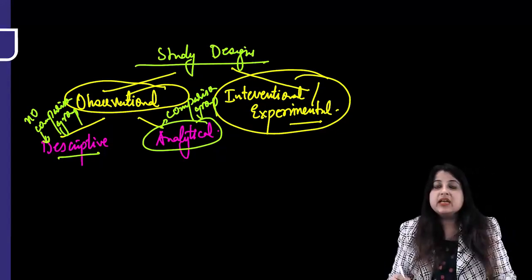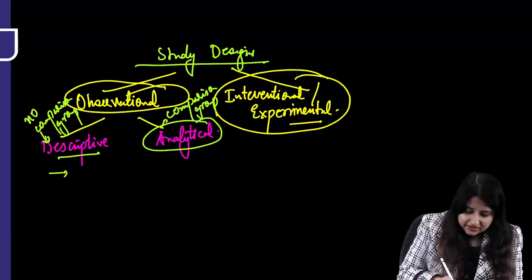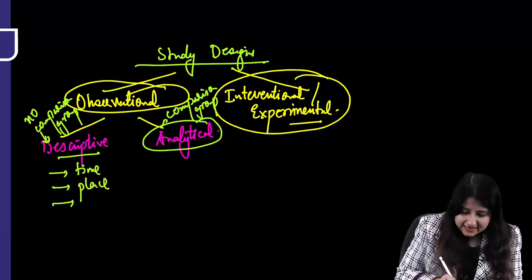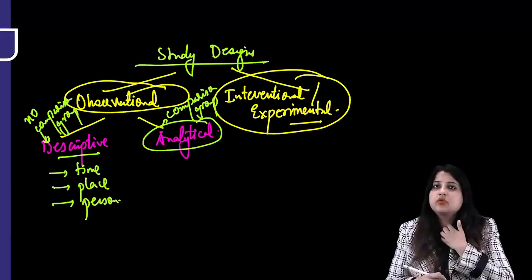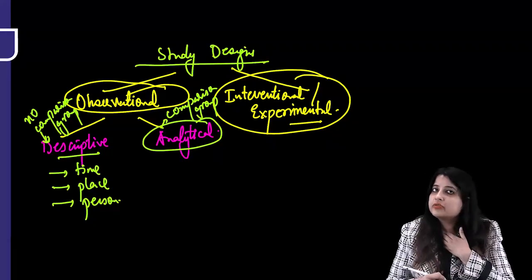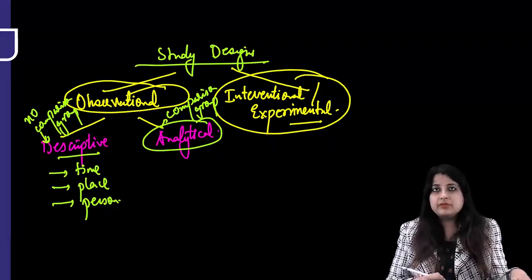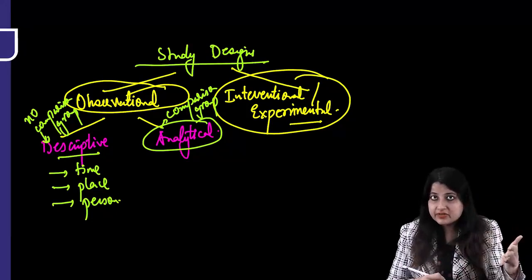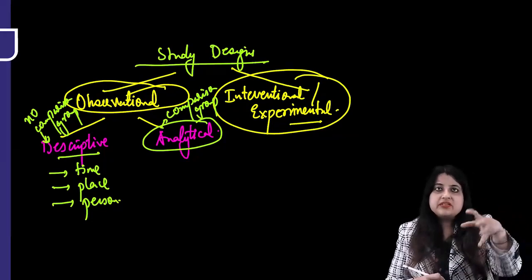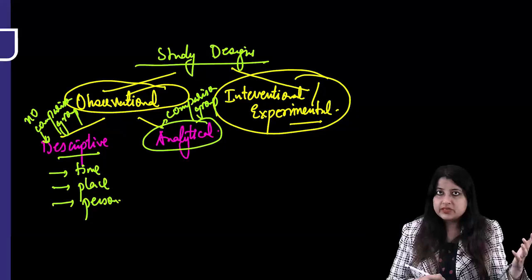So, what are we doing? We are describing a disease in terms of time, place and person. Similarly, when COVID happened, we did not know it was COVID. We were calling it pneumonia of unknown origin. So, when nothing is known about a disease, when it's a new disease, we tend to describe it first: that it is affecting this population at this time of the year, at this particular place.